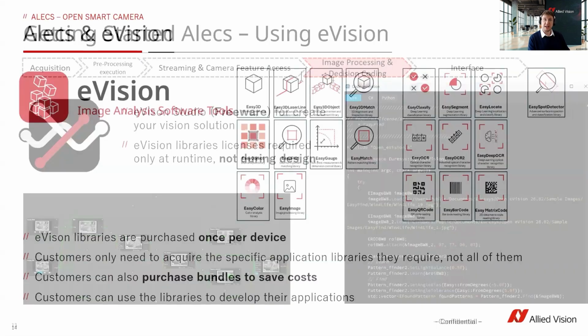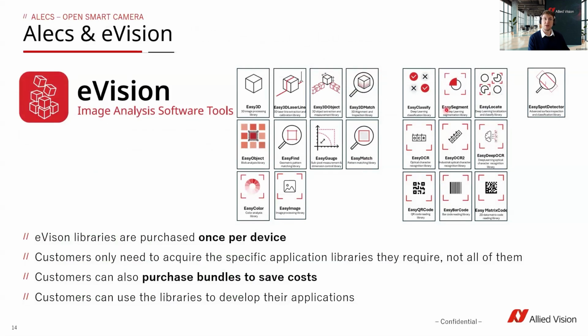Okay, coming to the end, just the overview. When I mentioned we have with eVision a colorful rainbow of application image processing libraries, this shows everything. So we have the deep learning libraries to classify, segment, and locate things. But we also have the standard application libraries for QR code reading, barcode reading, matrix code reading, measurement tasks, and so on.